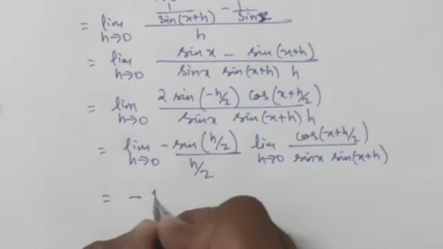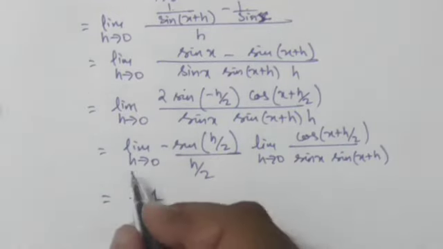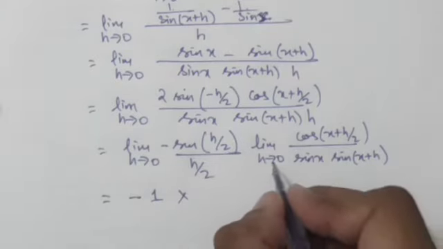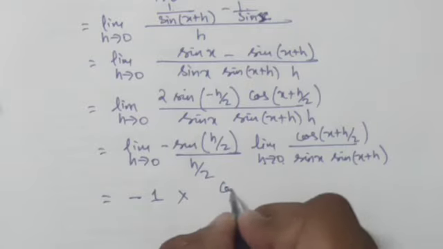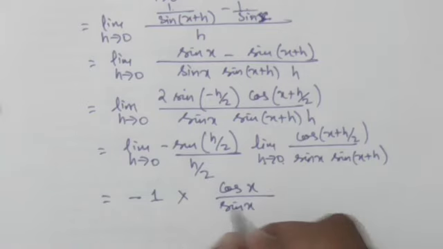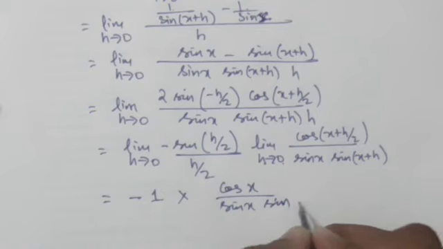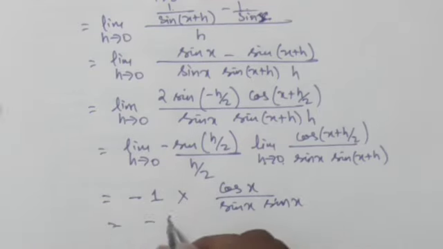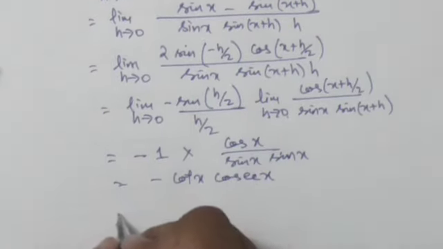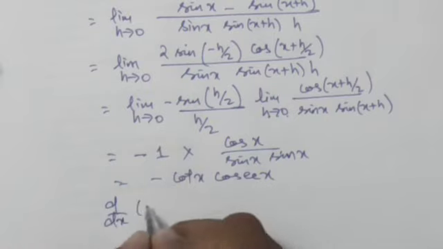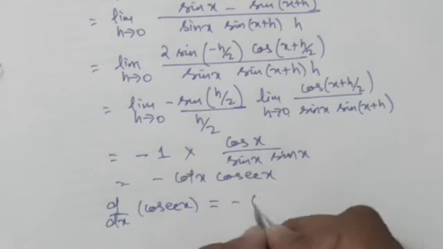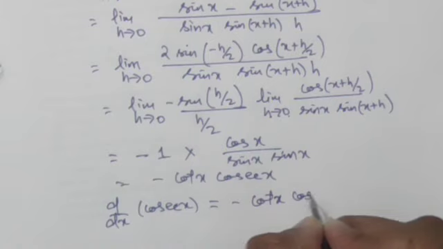So it will be minus 1, because as h tends to 0, h/2 also tends to 0. Now here h tends to 0, so this expression will become cos x upon sin x into sin x. So it will be minus cot x into cosec x. So the differentiation of cosec x with respect to x is minus cot x into cosec x.